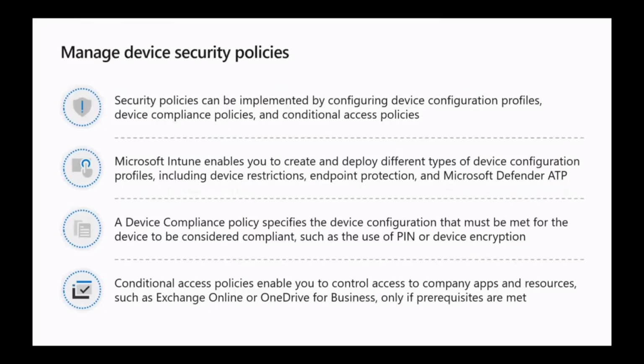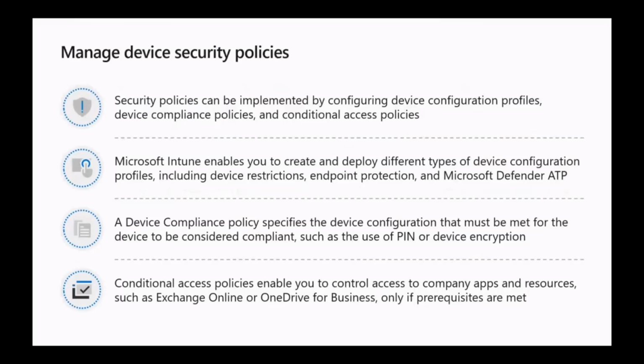Also, a device compliance policy will be used to specify the device configuration that must be met for the device to be considered compliant, such as the use of a PIN or device encryption, and even, for example, specifying the valid operating system version that is going to be used by this device before it can be considered as compliant.